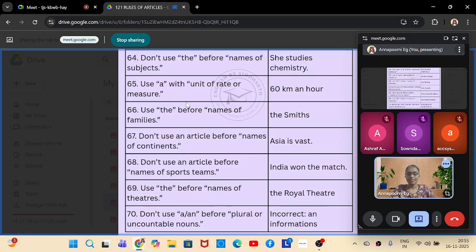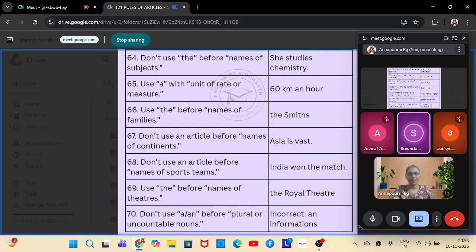Uniform. Sir has posted a question in the group at 8:20. It's related to the sounds. The question is: it was an useful and impressive presentation of facts and knowledge about drugs and pharma industry. Option B is: it was a useful and impressive presentation of facts and knowledge about drugs and pharma industry. Which is correct?